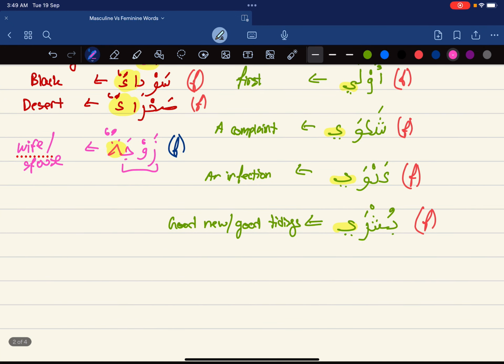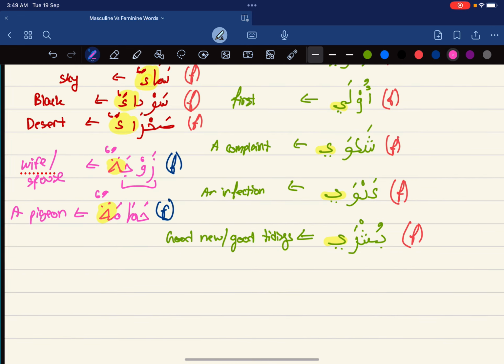Another interesting word, hamama. The word hamama means a pigeon. Excuse me. So, feminine word.